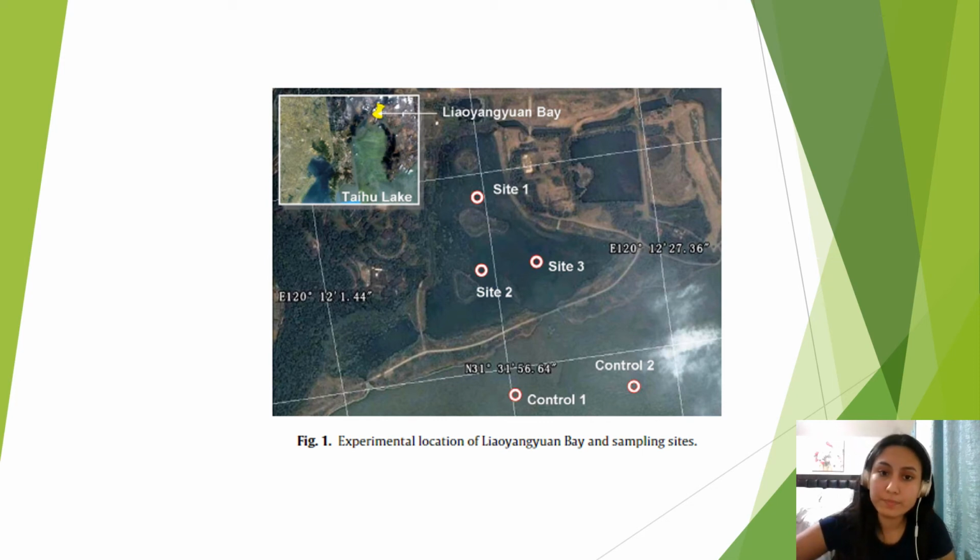And they had 3 sites within the bay where they measured the concentrations of various things in order to see the short-term and the long-term effects of the treatment. And control number 1 and control number 2 are other sites in which they measured the concentrations of various things to measure the effects outside of the bay. And they're the controls of the experiment.